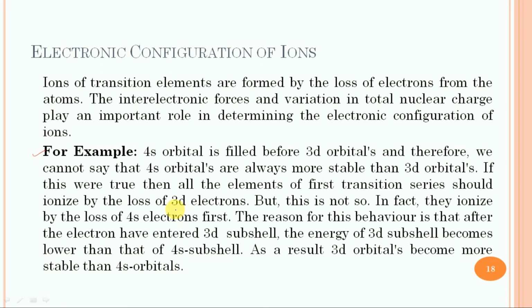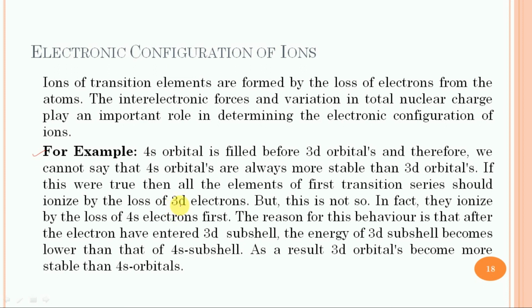The reason for this behavior is that after the electrons have entered the 3d subshell, the energy of the 3d subshell becomes lower than that of the 4s orbital. As a result, the 3d orbital becomes more stable than the 4s orbital. Thus, in the first transition series, it is the 4s orbital which loses electrons first as compared to the 3d orbital.